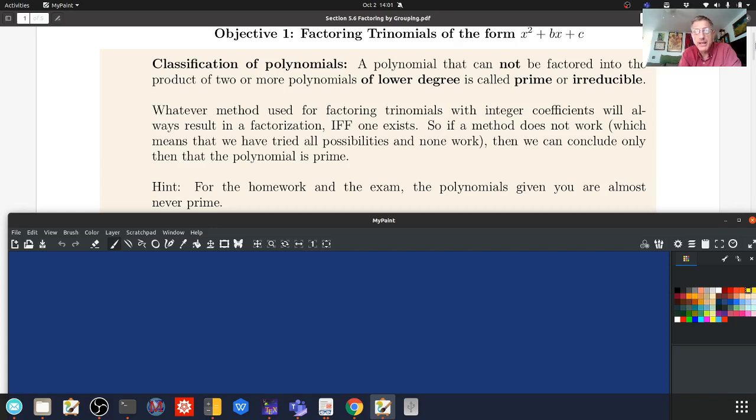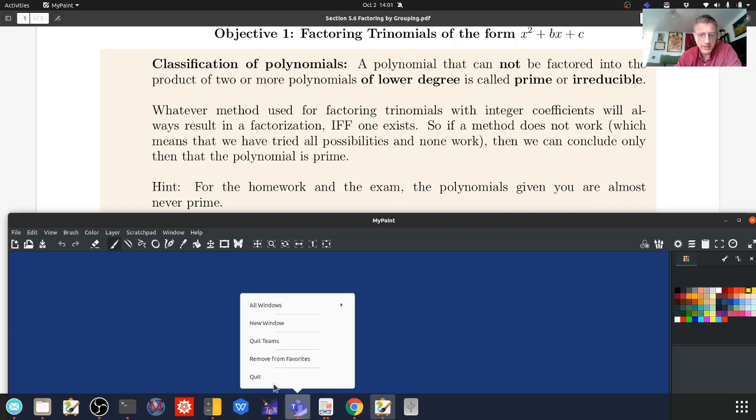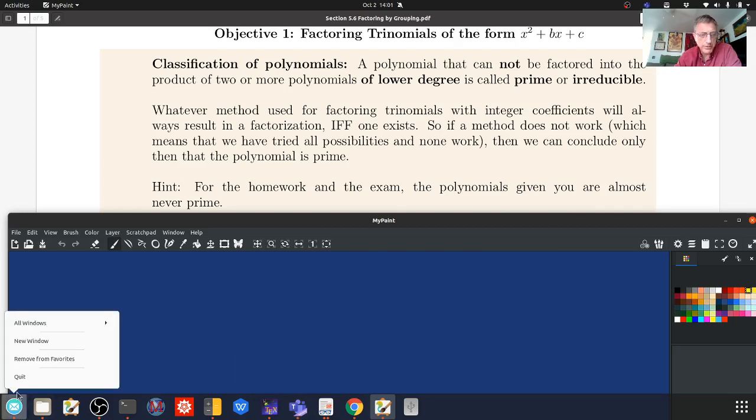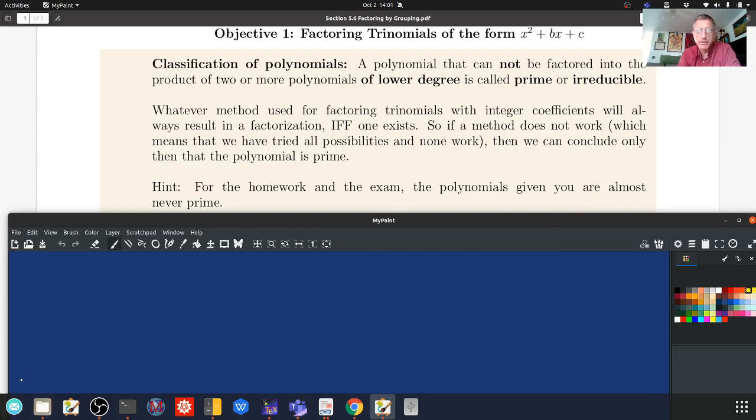One that cannot be factored into the product of two or more polynomials of lower degree is called prime or irreducible. And whatever method you use to factor polynomials will always produce a factorization if and only if one exists.